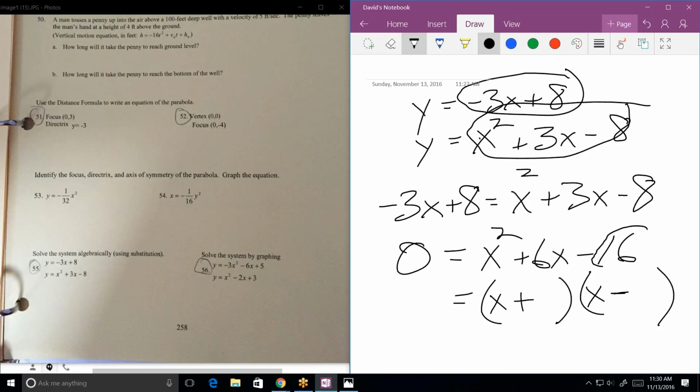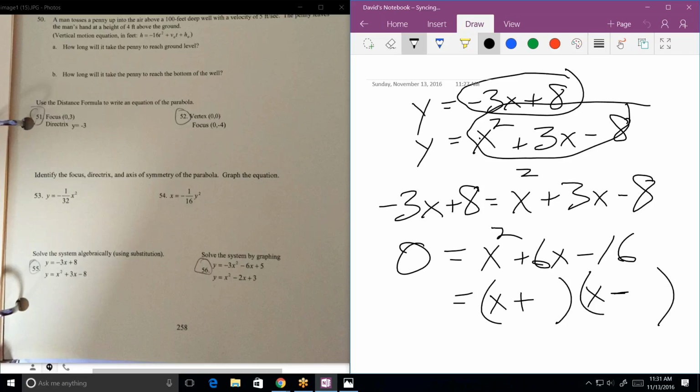factors of 16 that do what? Factors that multiply to 16 but add to 6. Sign in front. Okay, first of all, when I say factors of 16, I'm already talking about two numbers that multiply to 16. So you don't want to repeat that. That's unnecessary.